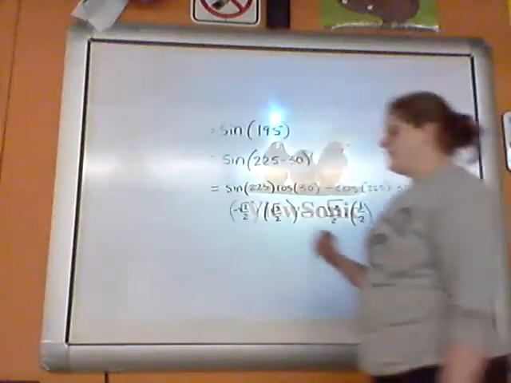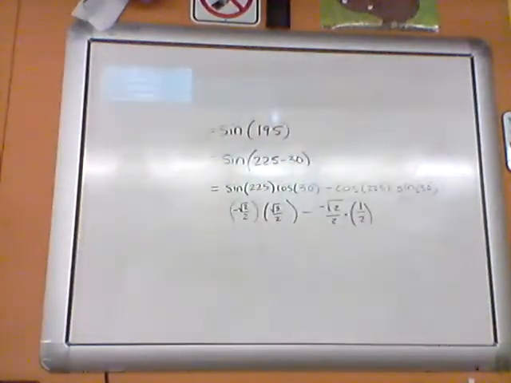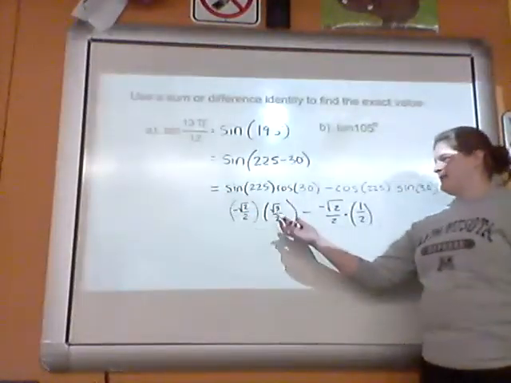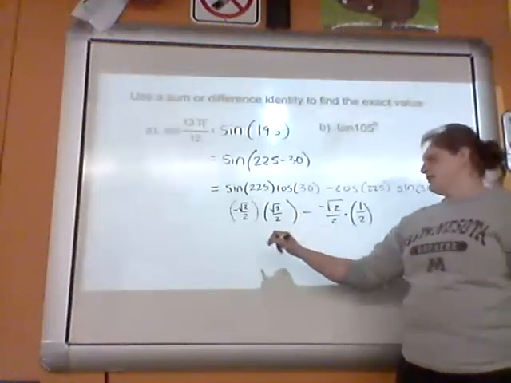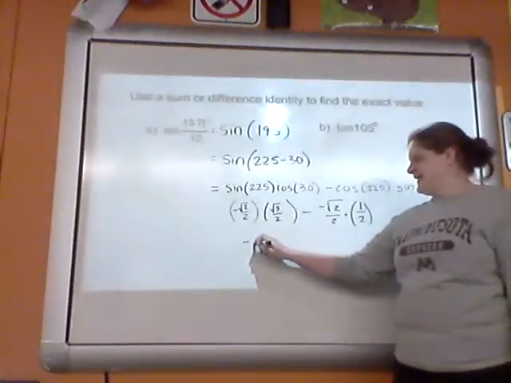What happens is you are going to simplify this as much as you possibly can, which might be different than others. So for instance, square root of 2 times square root of 3 is going to be square root of 6.